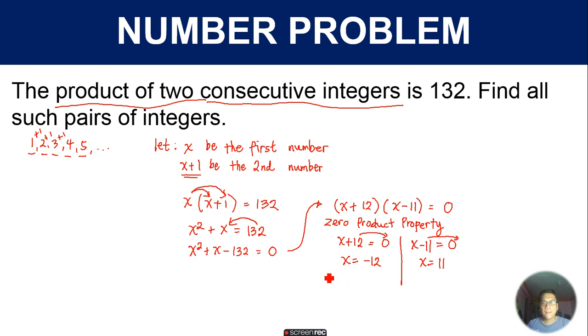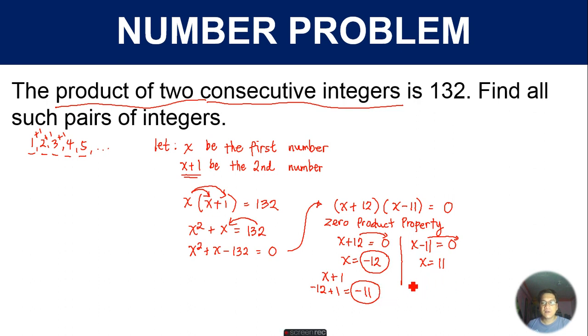So, in this case, x plus 1 will be equal to, substituting the value of x, negative 12 plus 1, which is equal to negative 11. Therefore, your first number is negative 12 and your second number is negative 11.